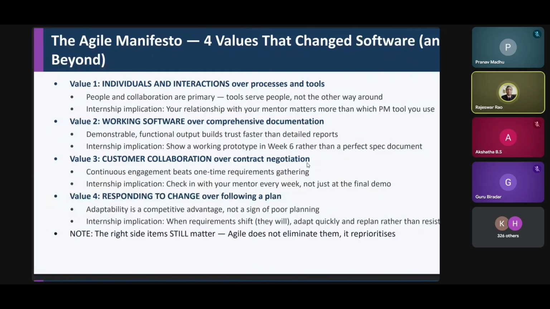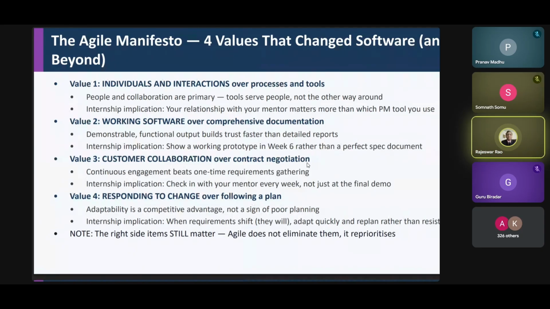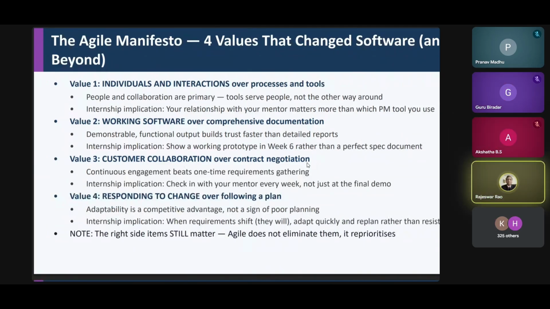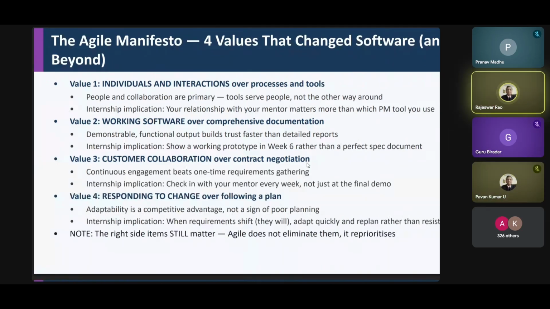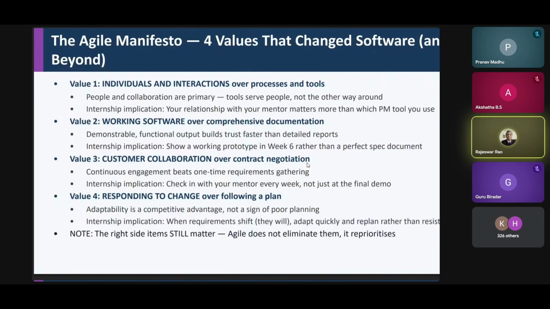How do I make this project delivered on time, cost, functionalities and quality, irrespective of the documentation? That doesn't mean that documentation is not required. It is required, but that is not the priority. The priority is all about delivering a working software, and everybody is focused on that.